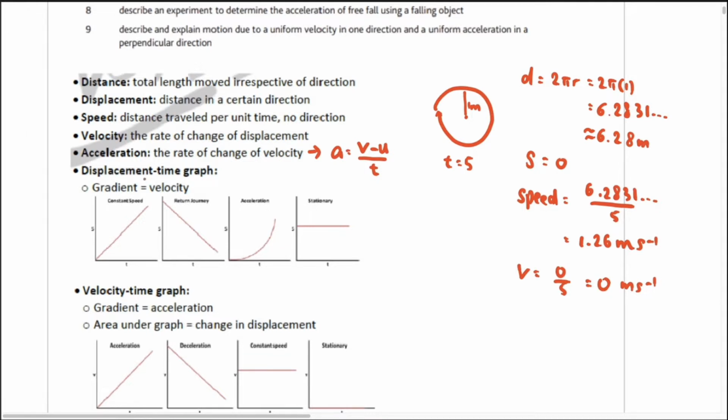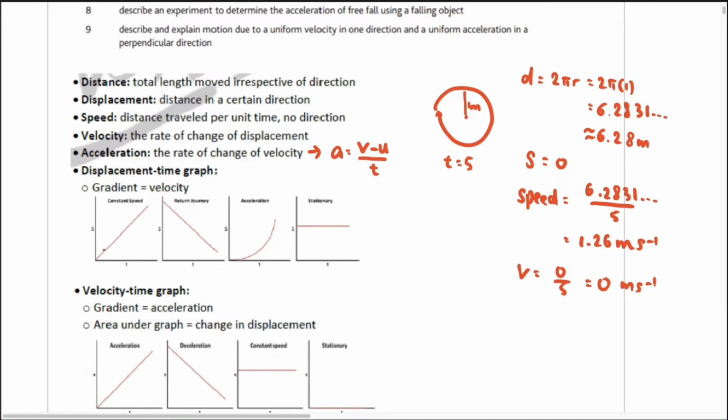We move on to the graphs, the displacement-time graph. That means the y-axis, the vertical axis, is displacement, s is displacement. The horizontal axis is time, displacement versus time. The concept of this displacement-time graph is that the gradient of the graph is the velocity.